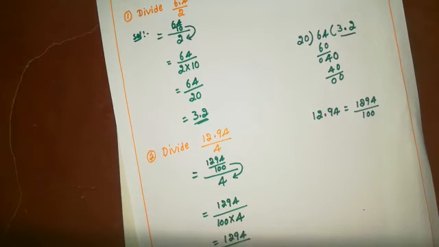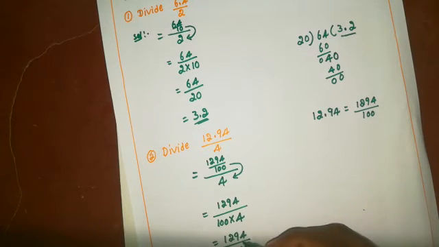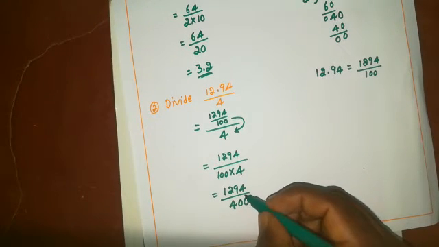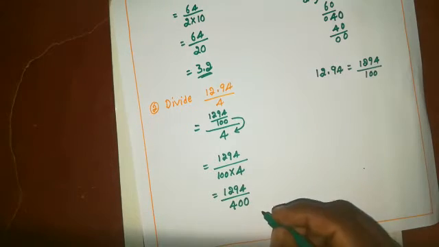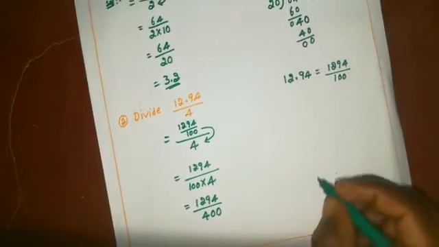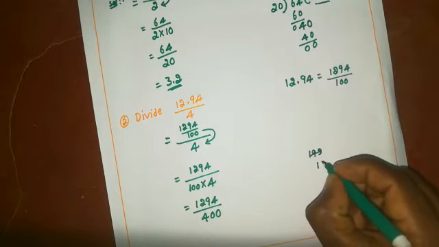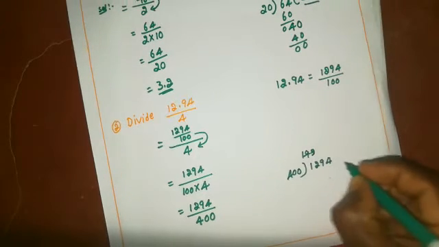1294 divided by 4 into 100, which is 400. Now we have to divide 1294 by 400.